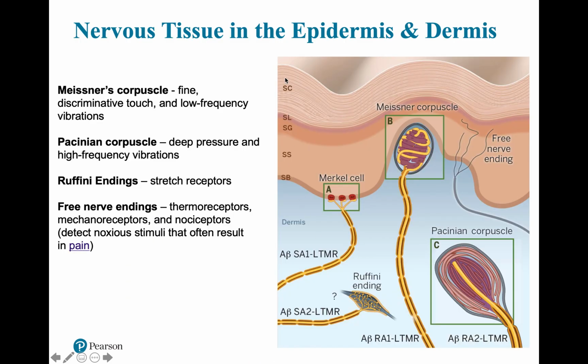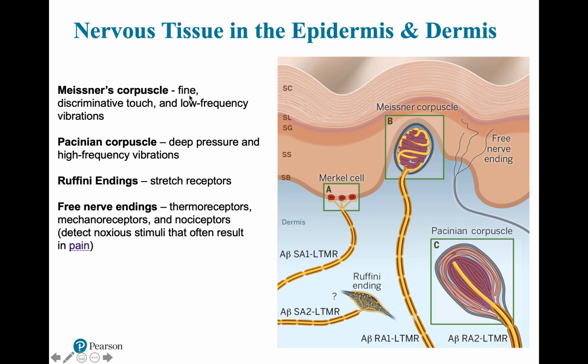Some more accessory structures that we find in the integumentary system. We've already mentioned some of these nervous tissue structures, but let's revisit the ones we've already discussed and then a new one that we haven't yet discussed. So Meissner's corpuscles, remember Meissner's corpuscles are found in the papillary layer of the dermis, more specifically within the dermal papillae.